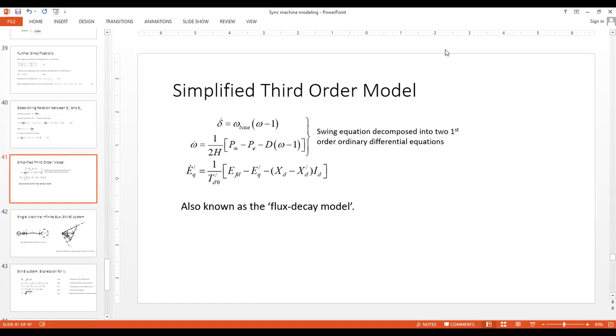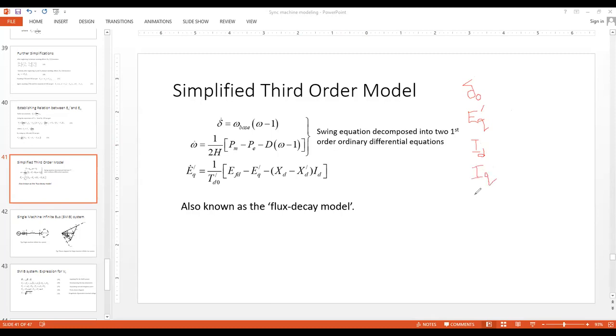Specifically, we looked at values like the initial value of delta, that's delta naught. Then we also found the initial value of Eq dash. Along the process, we also found the DQ components of the current phasor, like Id and Iq.